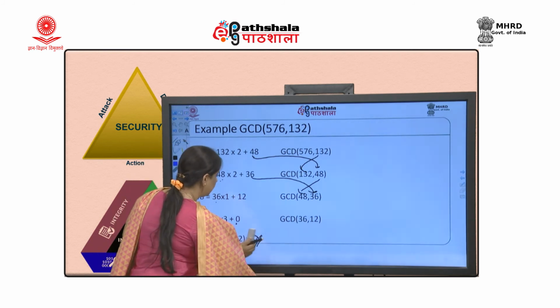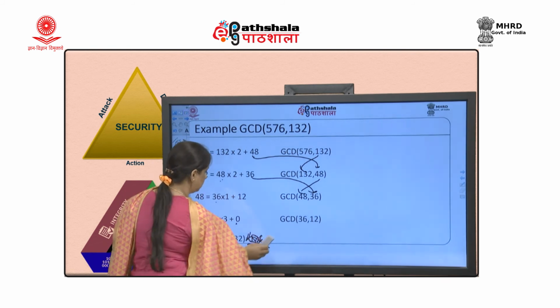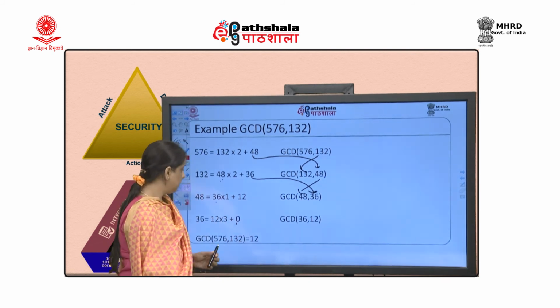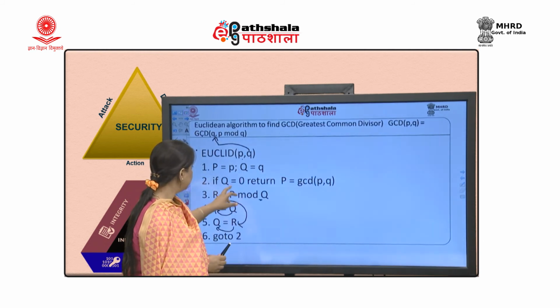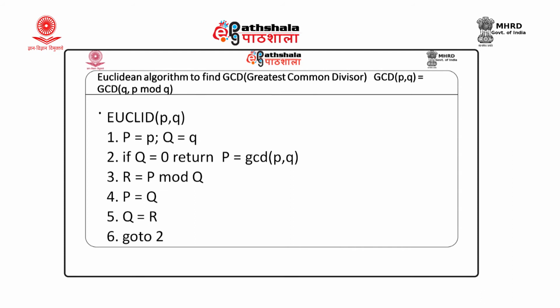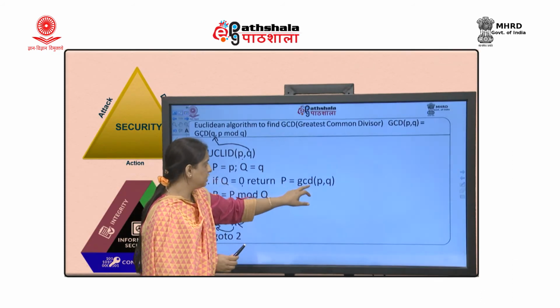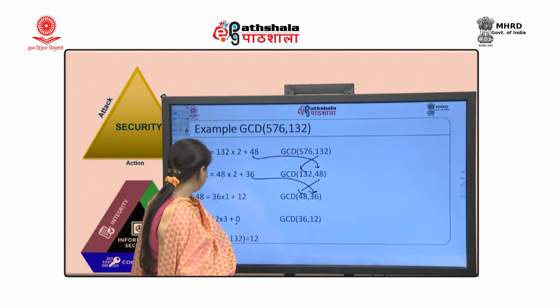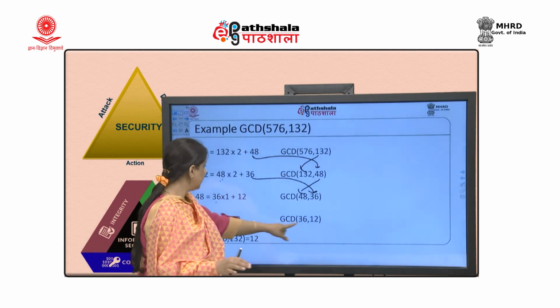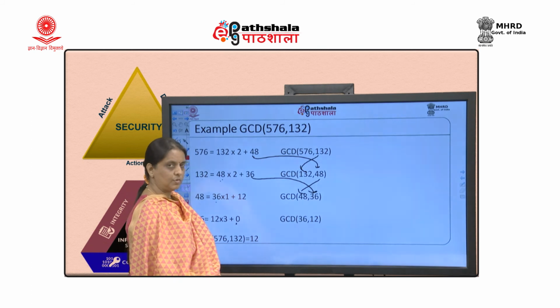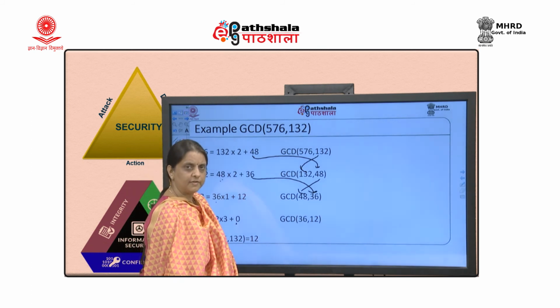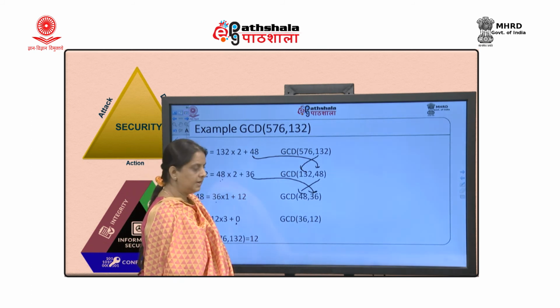If your remainder is 0, the algorithm says, if q comes out to be 0, then p is equal to GCD of p and q. So, what did we get as p? We get 12 as p. So, GCD is 12. This is how you can find the greatest common divisor.